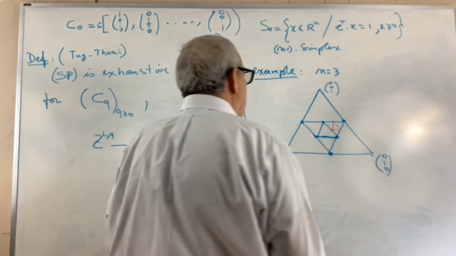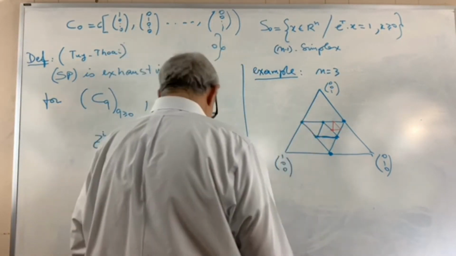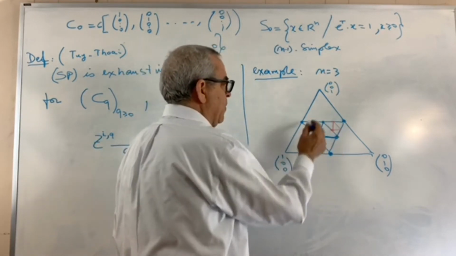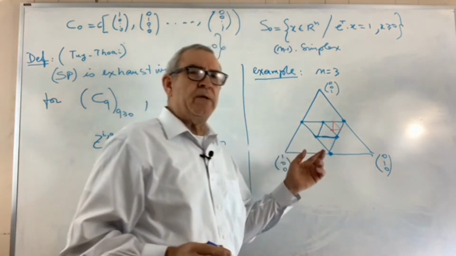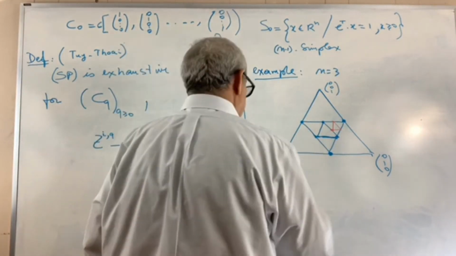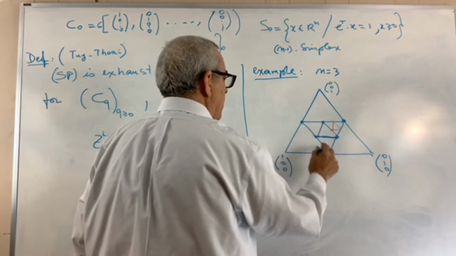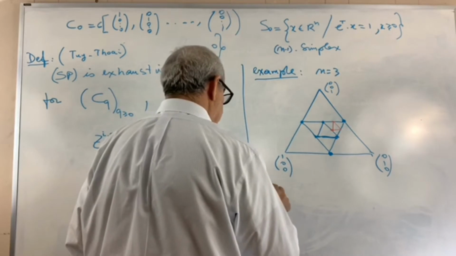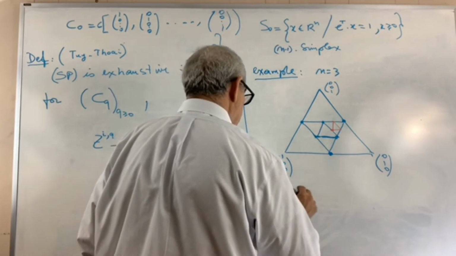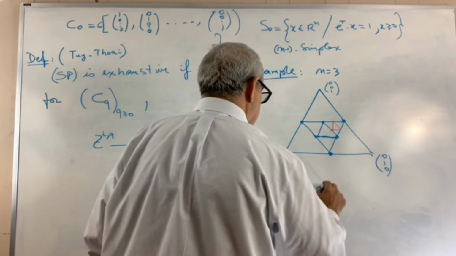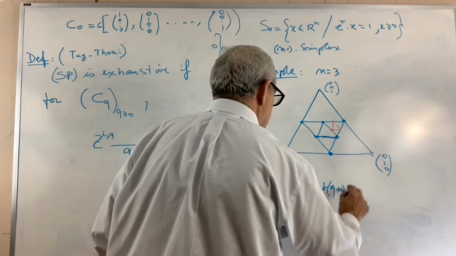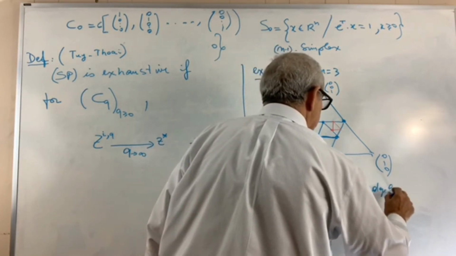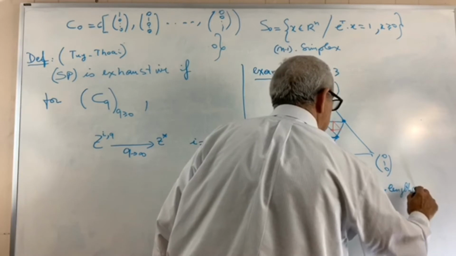Why? Because you see that at every iteration, first of all, I get an equilateral triangle. And here the edges are all equal, and they are equal to a half. So the edge length at q plus 1 is equal to a half of the edge length at q.